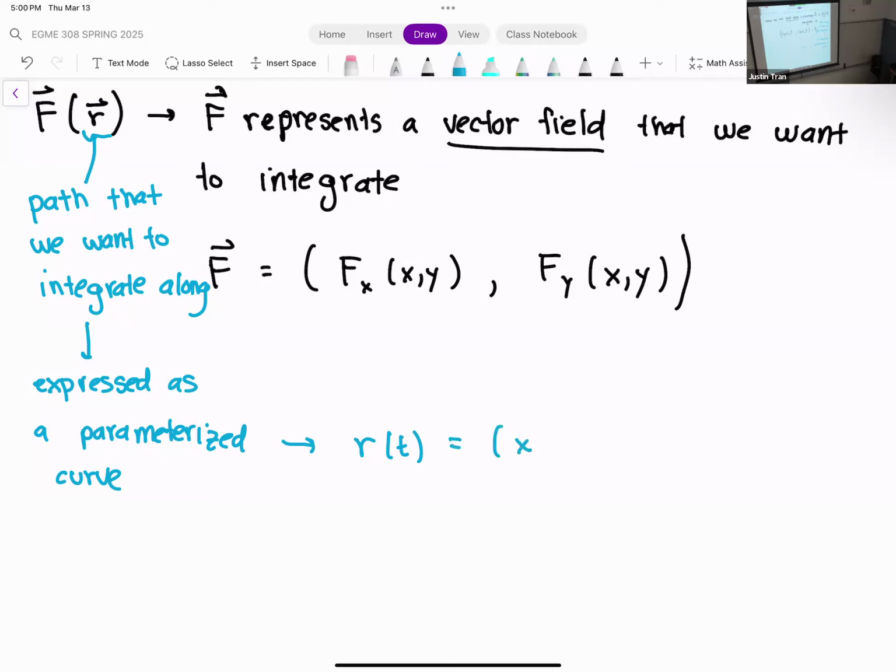So r is going to have an x of t and a y of t. We'll assume it's just two-dimensional, so there's no z of t at this time.